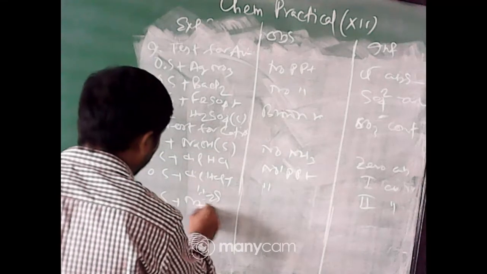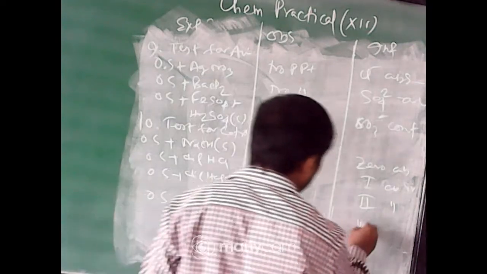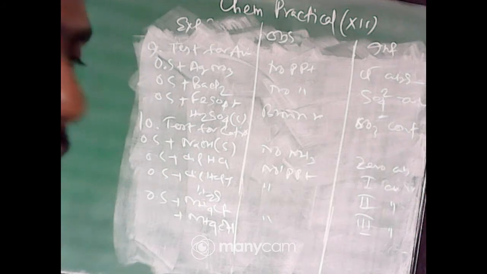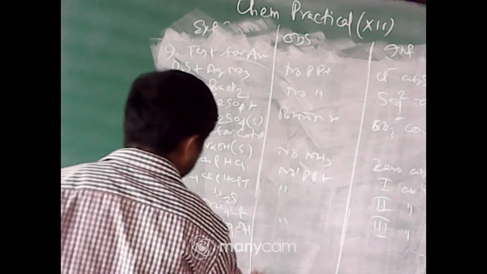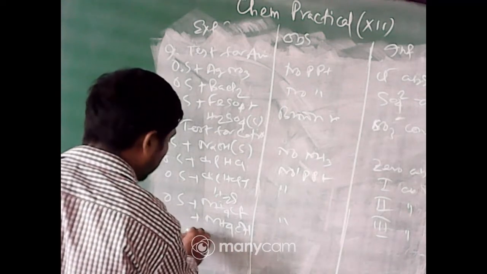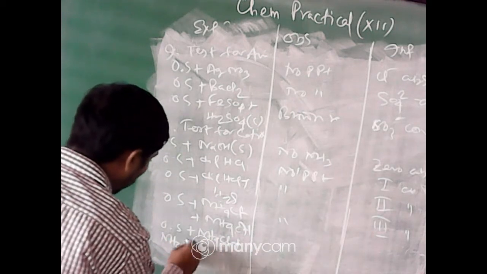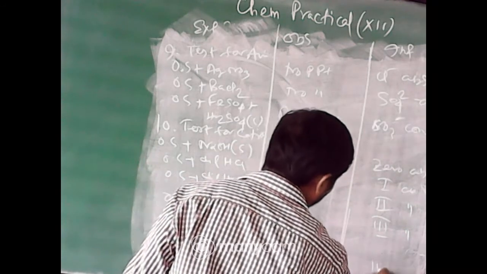OS plus NH4Cl, the group reagent for group 3, no PPT, group 3 absent. Then for group 4, NH4Cl plus NH4OH plus H2S, no PPT, group 4 absent.